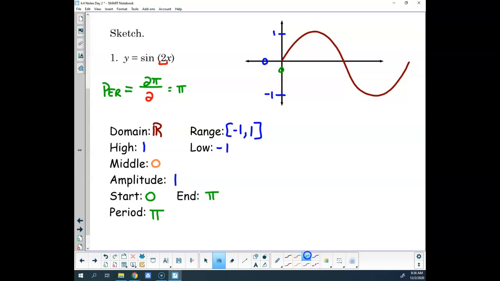We end at pi now. So what's halfway? Pi over 2. What's halfway to pi over 2? Pi over 4. What's halfway between pi over 2 and pi? 3 pi over 4.